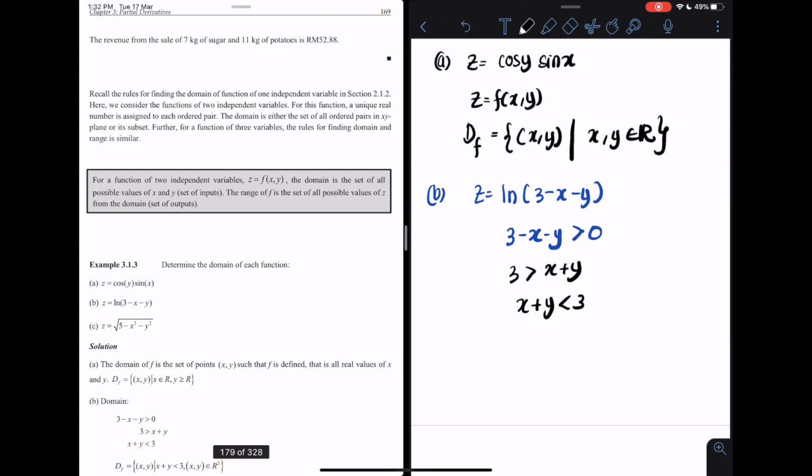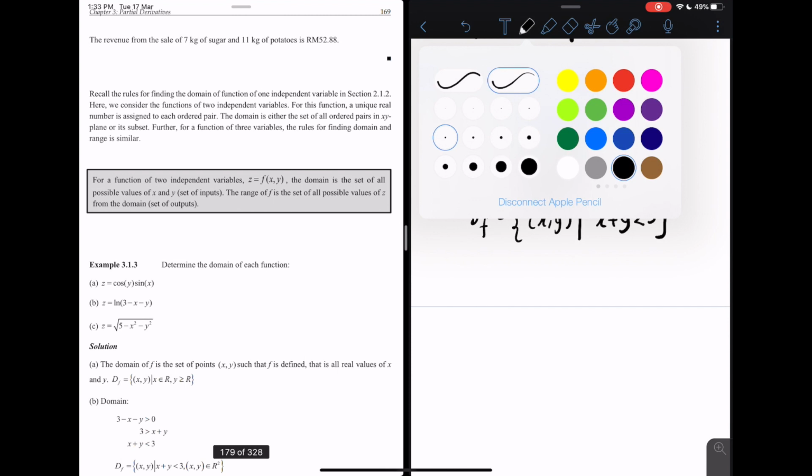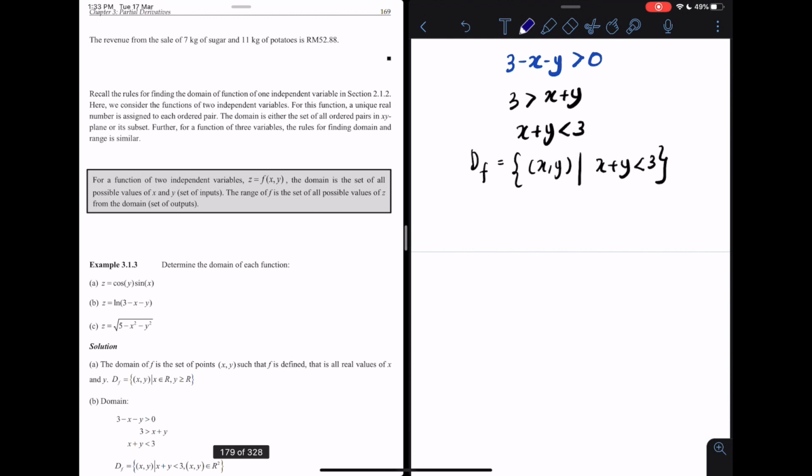So basically, the domain of this function f is the set of all possible values (x, y) such that x plus y less than 3. When you have this answer as the domain of a function of two variables, the author or your lecturer might test whether you understood, for example with this question: sketch the domain.